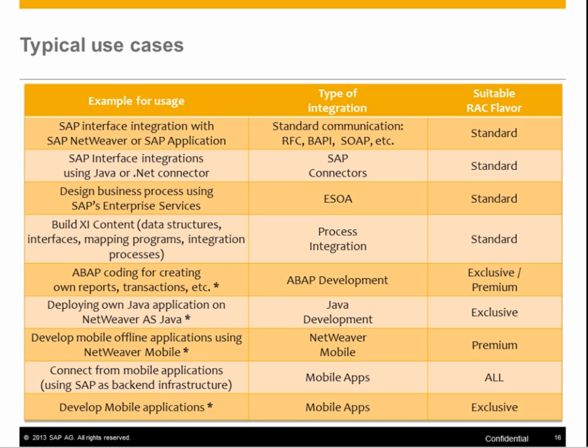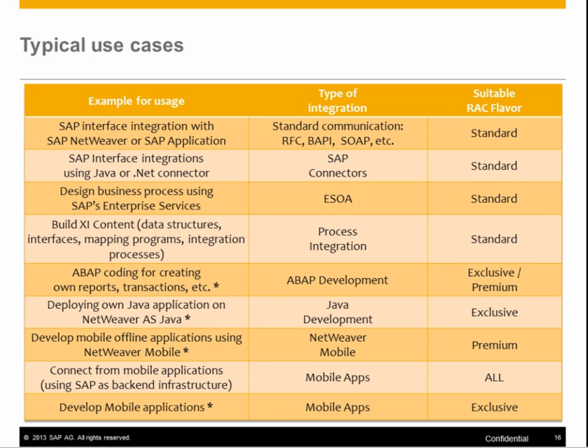When it comes to connecting mobile apps to the SAP backend infrastructure, you can utilize all RAC flavors, because this is the main focus of all of our flavors: that you have interaction with SAP applications by remote applications, regardless of whether they are mobile, on-premise, whatever.